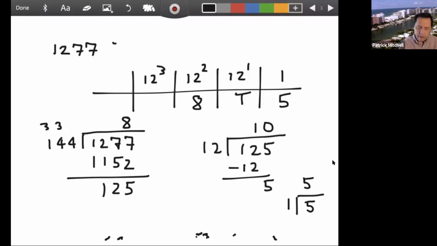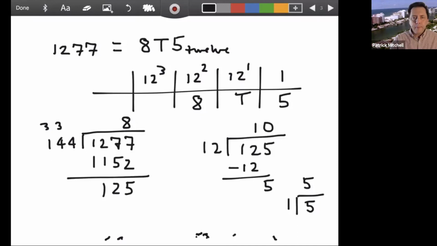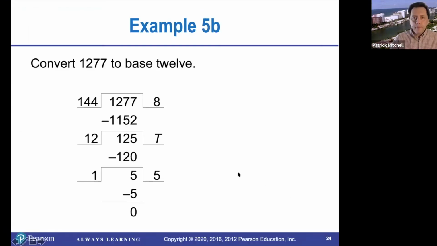So that means in base 12, the number 1,277 is written as 8T5. Okay, so they write it like that.